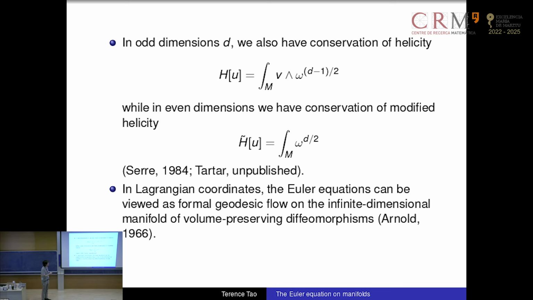All of these conservation laws come from various symmetries of this manifold. The conservation of circulation comes from change of variables in Lagrangian coordinates, and conservation of momenta comes from change of variables in Eulerian coordinates. So these are very geometric equations.